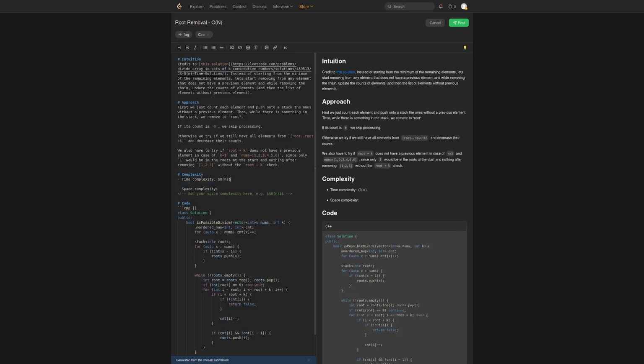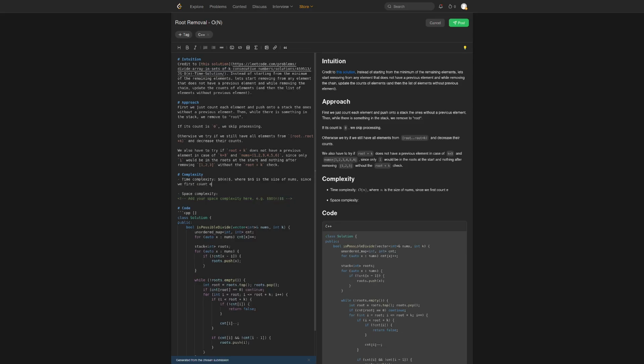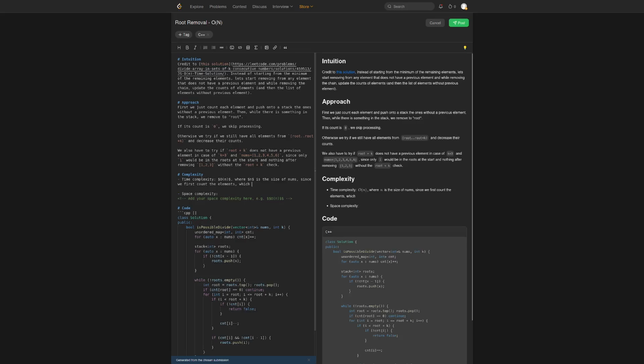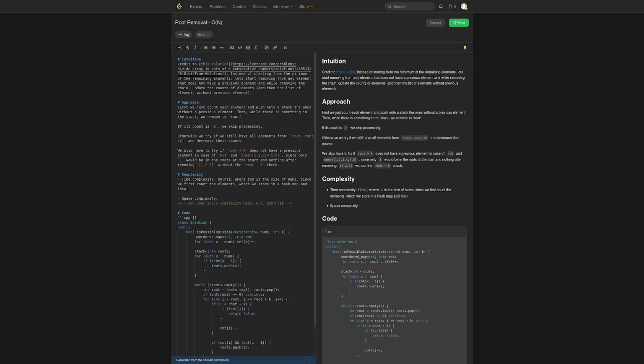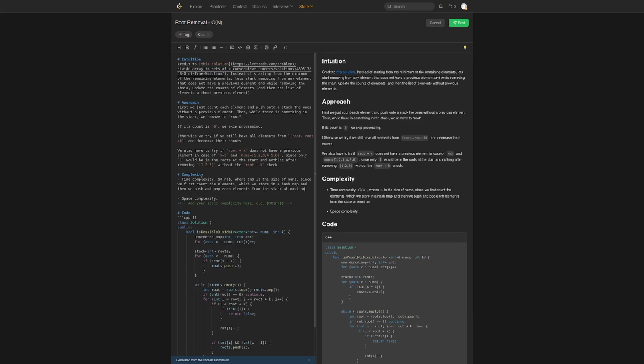This is O(n) where n is the size of nums, since we first count the elements which we store in a hash map, and then we push and pop each element from the stack at most once.